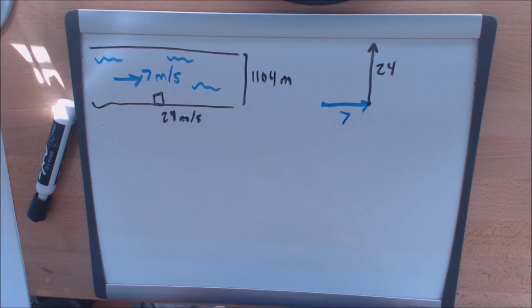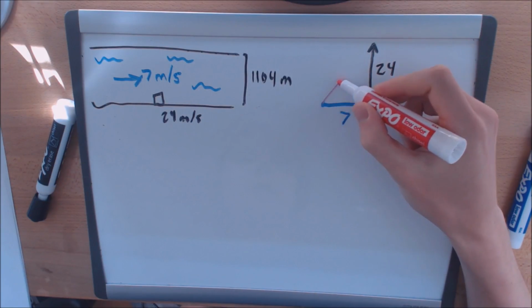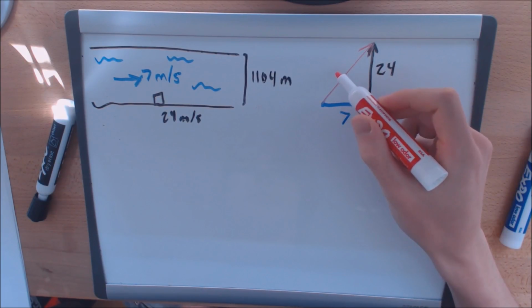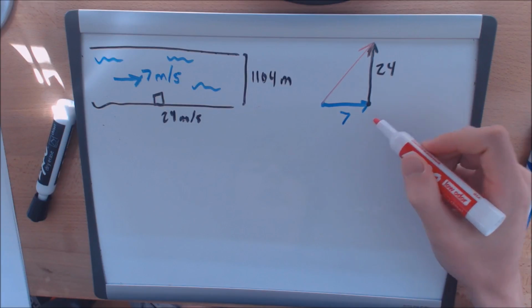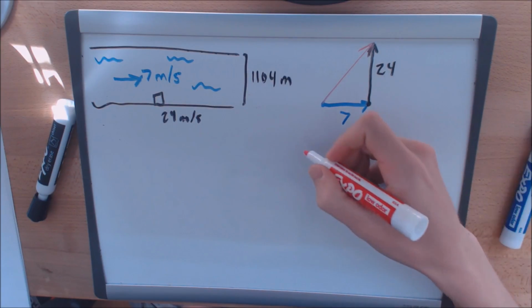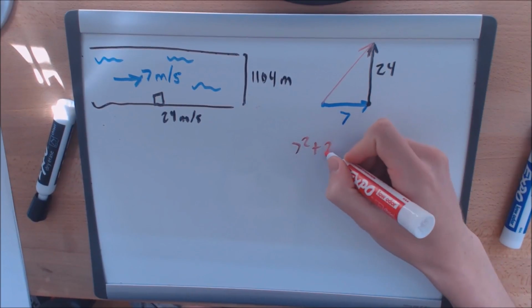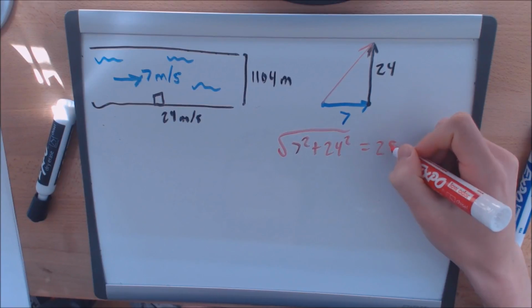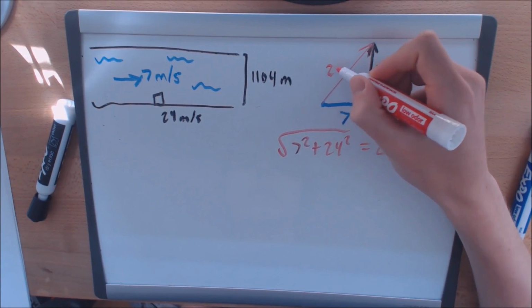And we want to know what the combined vector is going to be. So we can find this side with Pythagorean theorem, 7 squared plus 24 squared, and then the square root of that whole thing equals 25.